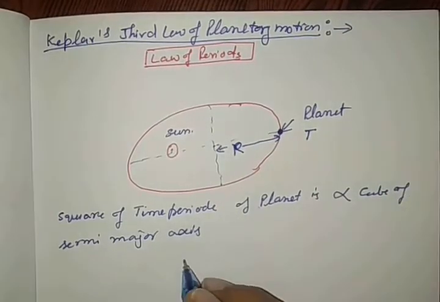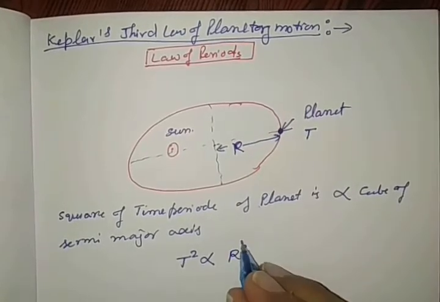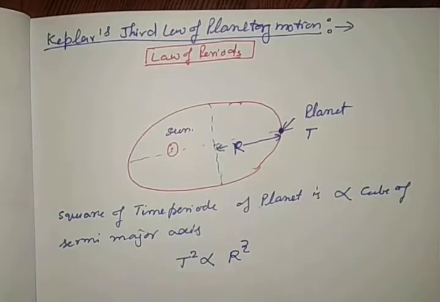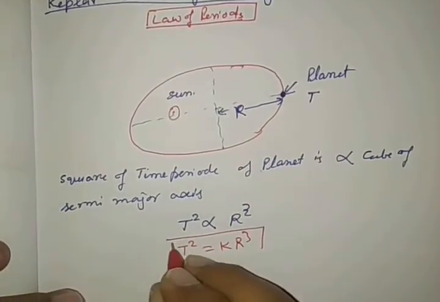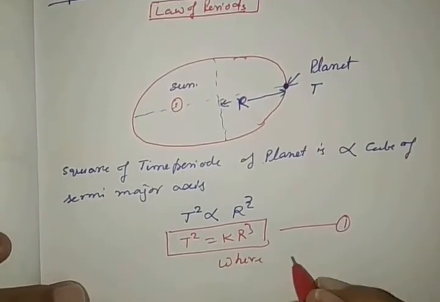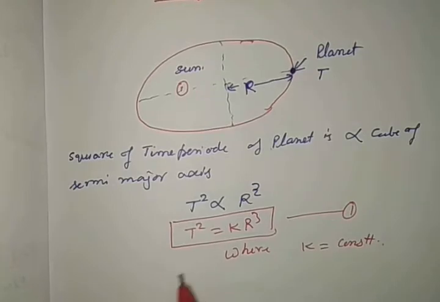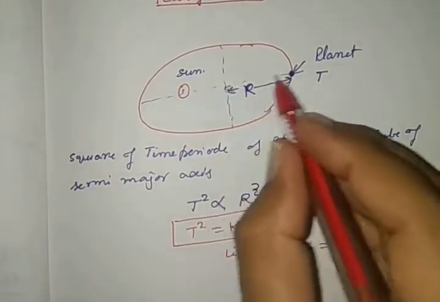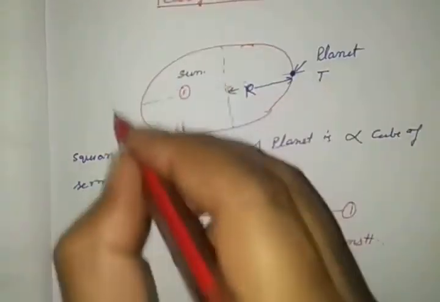Let it be represented by T. So T square is directly proportional to the cube of the semi-major axis, and mathematically we may write this as T square is equal to K R cube, where K is a constant. The third law indicates that the time period is dependent on R. If R is more, planets take longer time to complete the path.